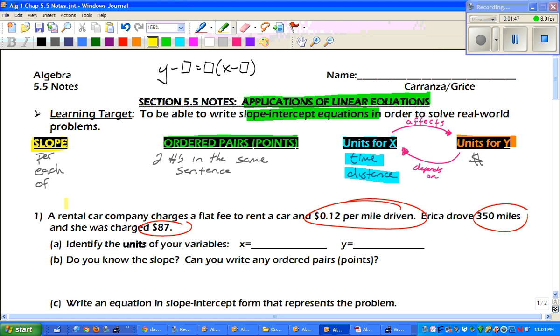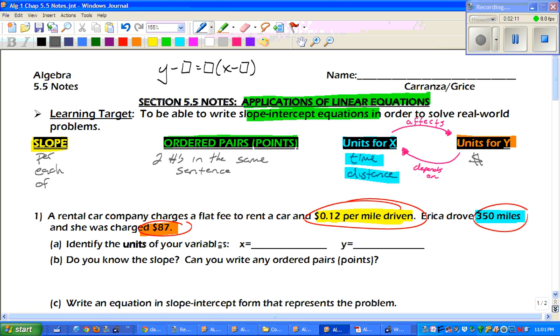So let's take a look at some of this stuff. Okay, 12 cents per mile, that kind of sounds like the slope to me. Erica drove 350 miles. Miles is a distance, which means that's the x. And $87, so that's going to be the y.